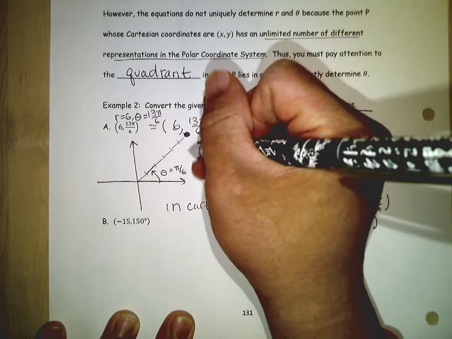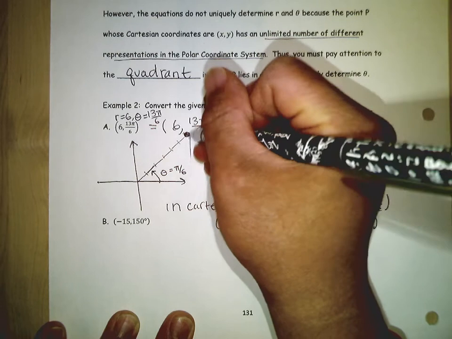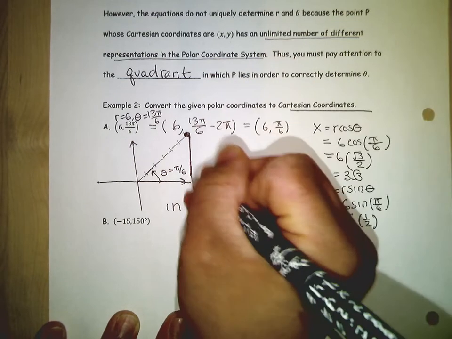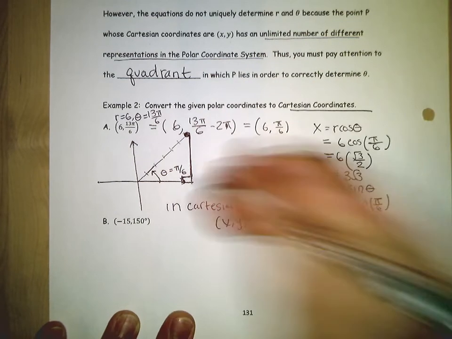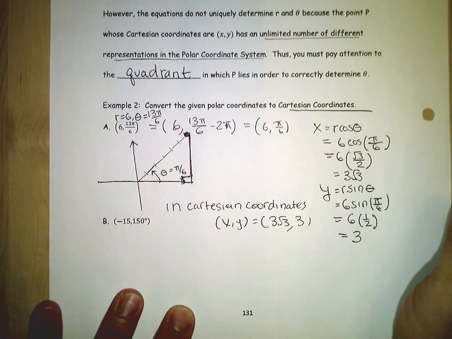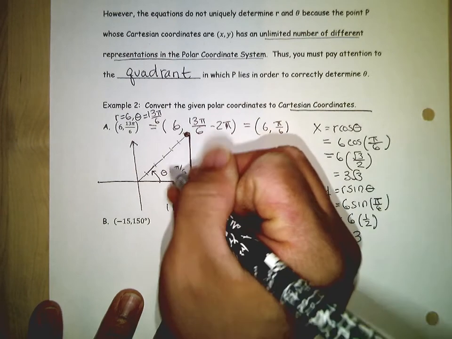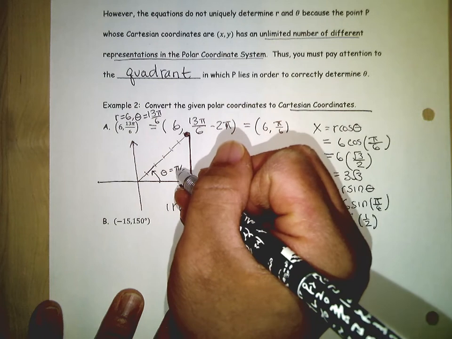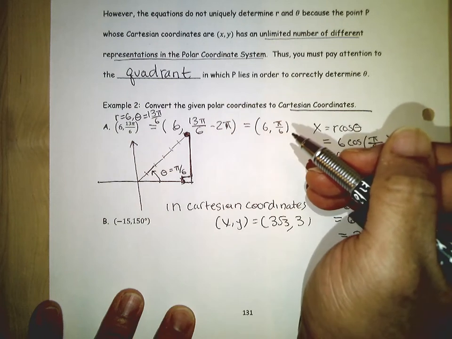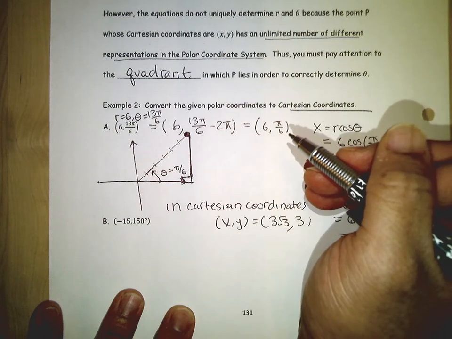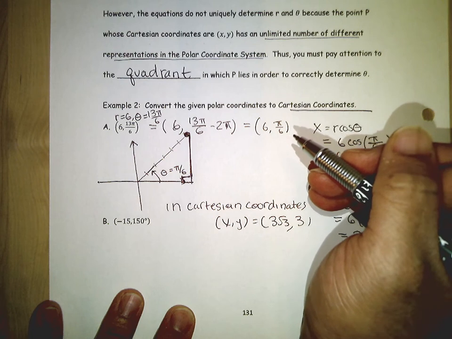And you can see right on the graph here, if I draw the triangle here, and this is actually pi over 6, then I know it is a 1, 2, 3 triangle.